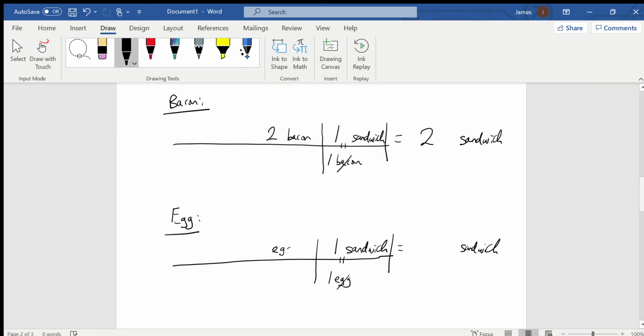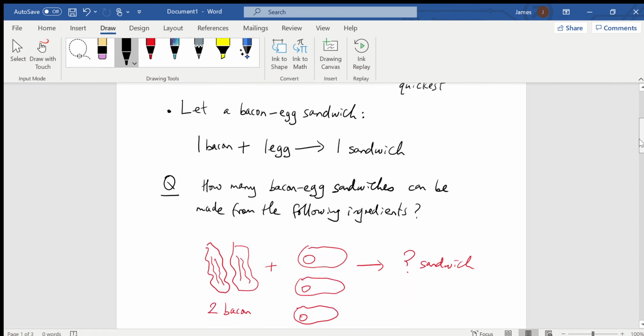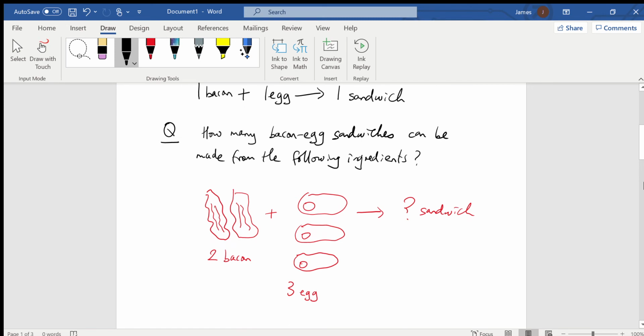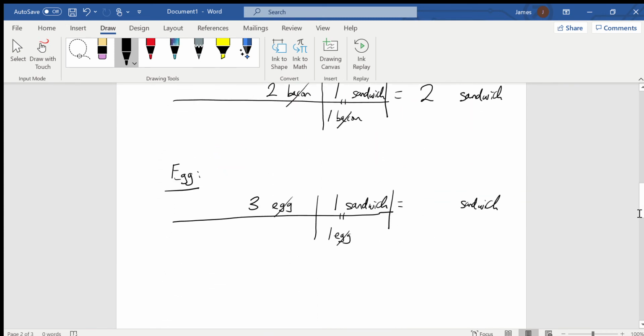We were given 3 egg in our question, right? So we've got a 1-to-1 ratio between sandwich and egg. That came from the recipe we were given initially. And our input was 3 eggs in this particular problem. So 3 egg multiplied by 1 sandwich is 3, and divided by 1 egg is still 3. So the eggs would like to make 3 sandwiches.